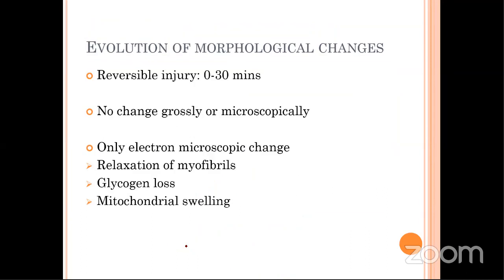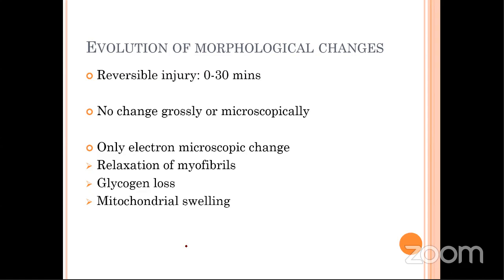Now, this evolution of morphological changes: the reversible injury is within, as I told you, 0 to 30 minutes. Beyond that, the injury becomes irreversible. And here you do not get any change grossly or microscopically. The only change that is obvious is electron microscopic change. And what are these electron microscopic changes?